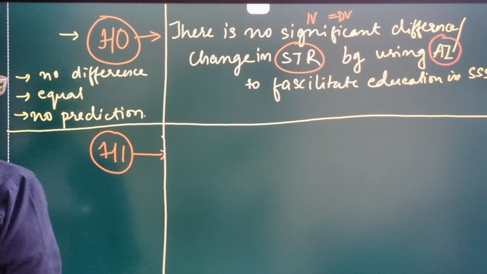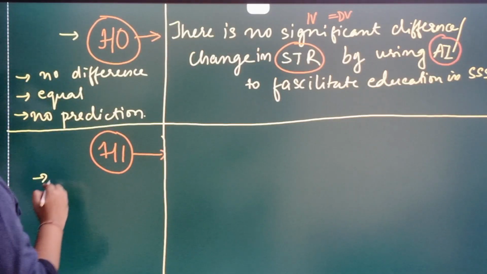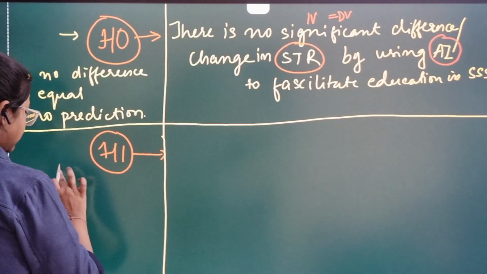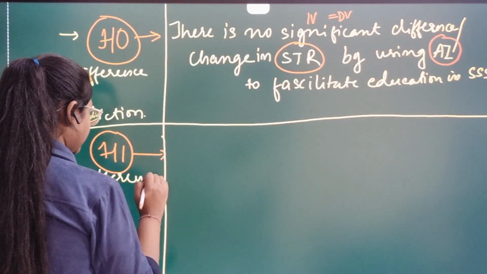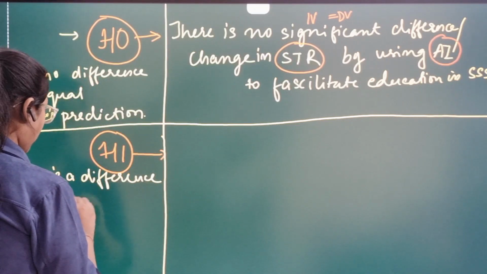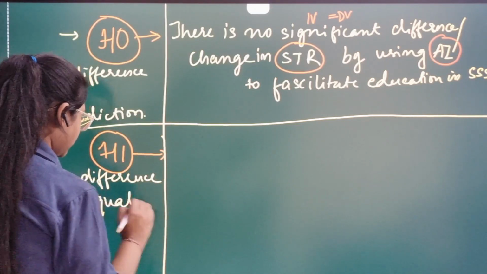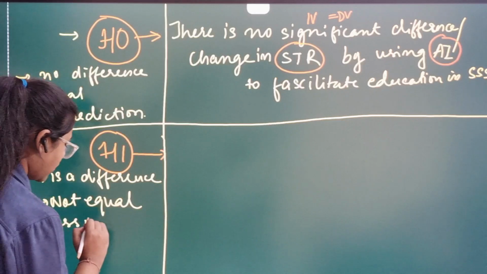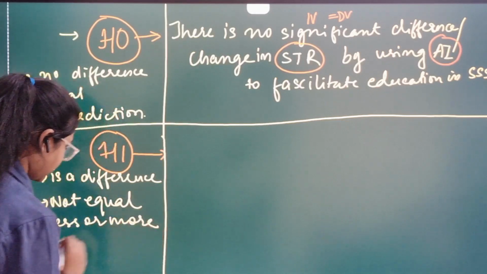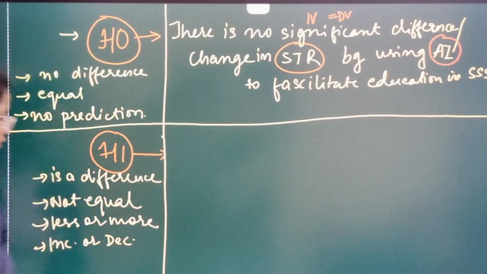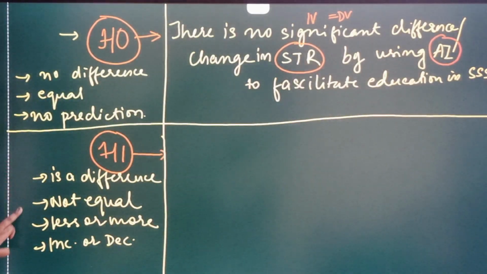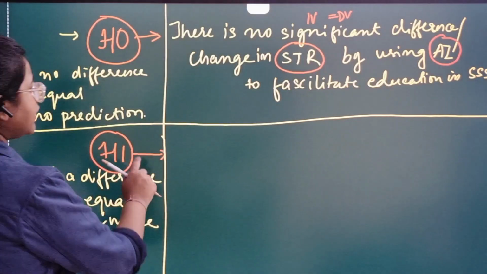Let's write the alternate hypothesis. What are the keywords? There is a difference. Not equal. Less or more. Increase or decrease. What will be our alternate hypothesis?